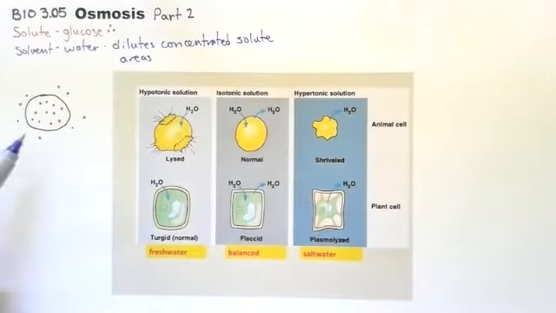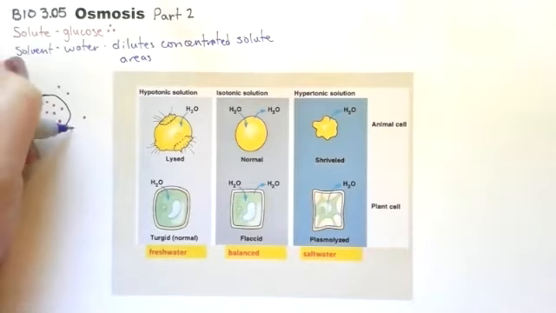So looking at this diagram and understanding that the red dots are our solute, and understanding the water has to flow to spread out the dots, what way is the water going to flow? Well, I have 4 dots on the outside. I have 10 on the inside, so the water is going to flow like this.